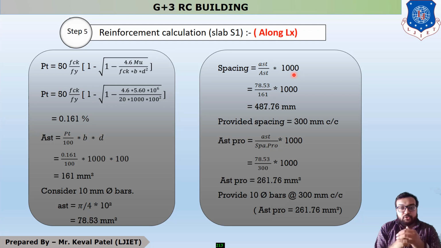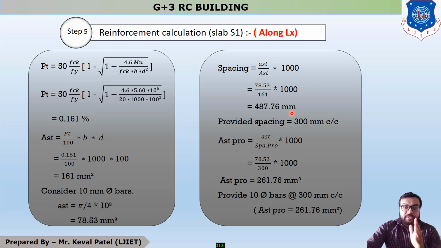So the area of a circle is pi by 4 into d square. Now d is equal to 10. So it is 78.53 divided by capital AST, which is 161, into 1000. So students, after putting all these values, we will get our answer of spacing is equal to 487.76 mm.